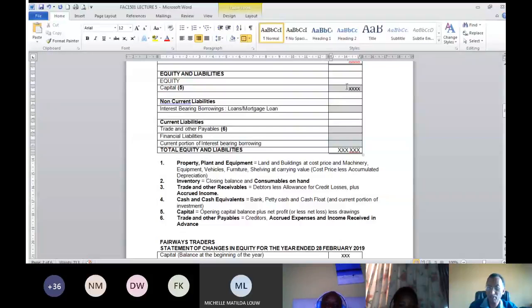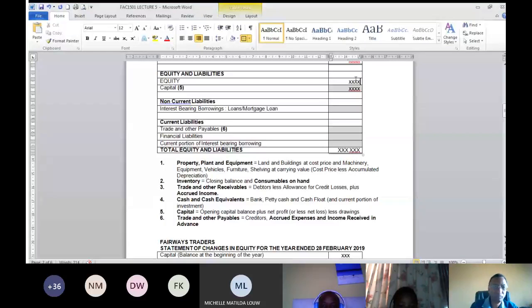So from the statement of changes in equity, you show the amount of capital, block that, and capital is also your equity. So your equity will consist of capital, and that is your equity amount.